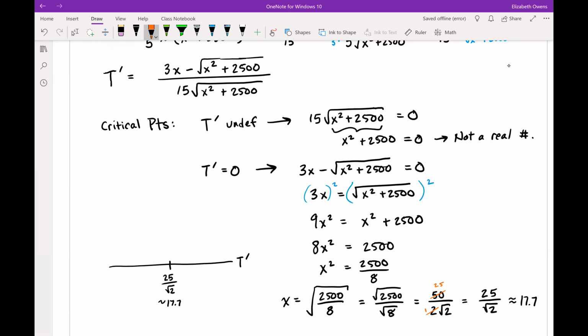But you would pick some value that's less than 17.7 to plug into your function here. And for instance, think about x equals 0. You'd have 0 minus the square root of 2500 on top, and then divided by 15 square root of 2500 on the bottom. So that would be a negative over a positive. So negative over positive, that gives you a negative first derivative.